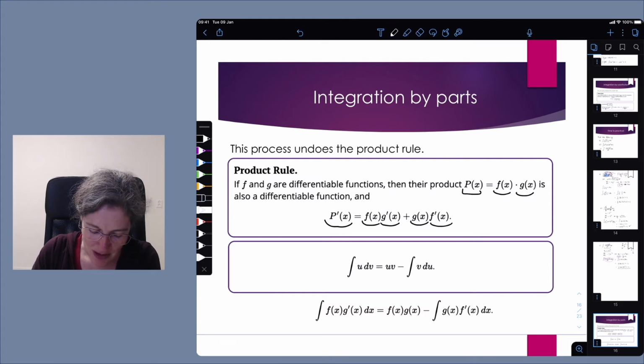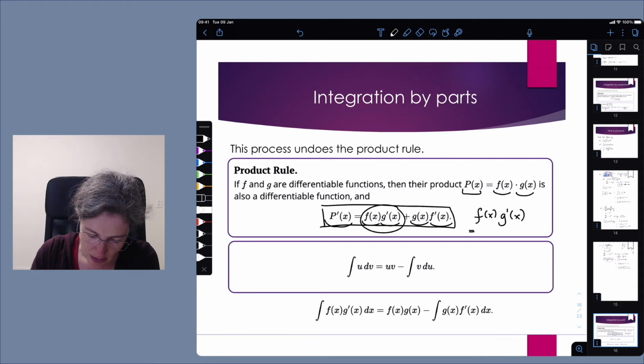So we're imagining that we're reorganizing this so that we have this term on the left, f of x, g prime of x, and on the right we've got our p prime of x minus g of x f prime of x.